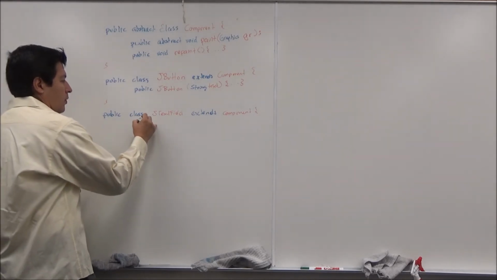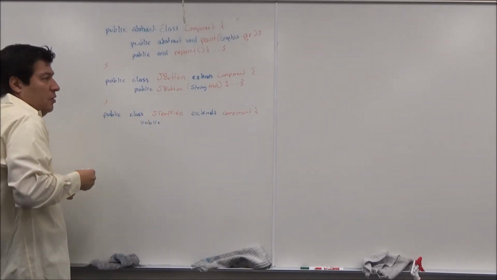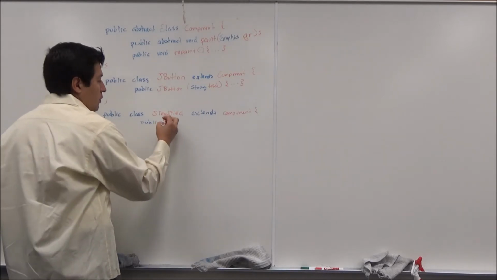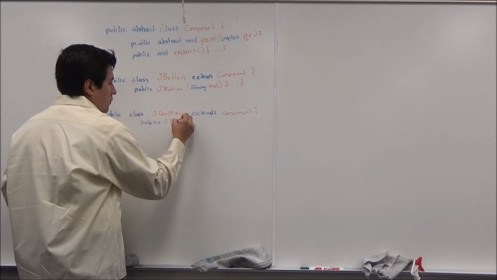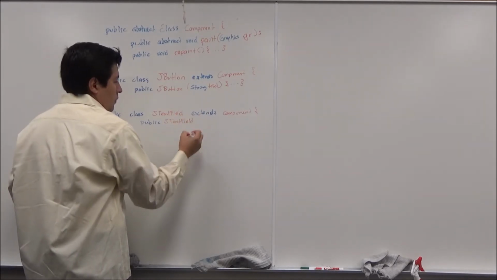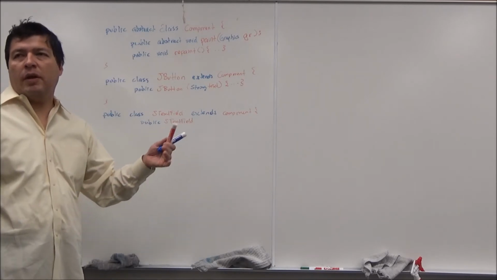This one takes the constructor, takes an integer, not a string, to indicate how many characters you want to display on the text box.